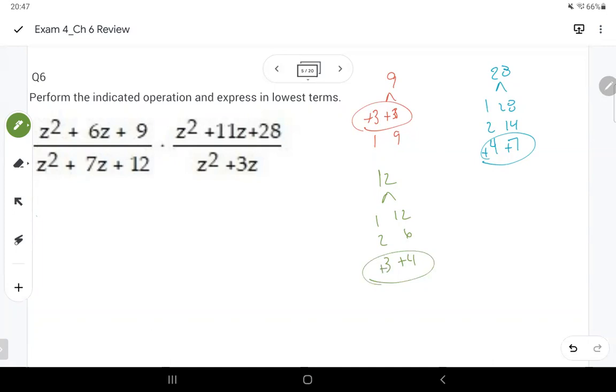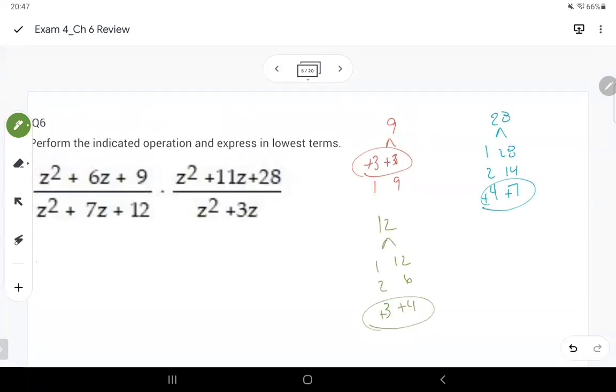Okay, and the last one's just a GCF. So we'll start here first.